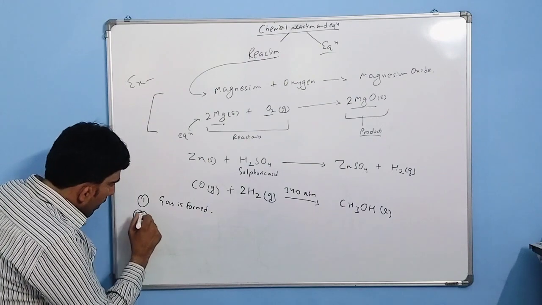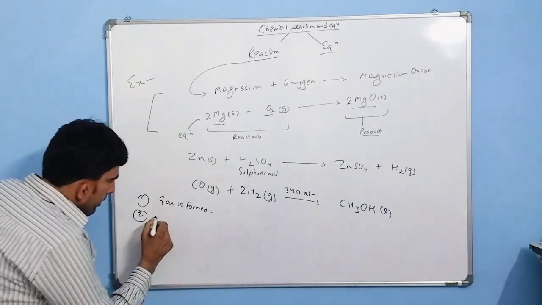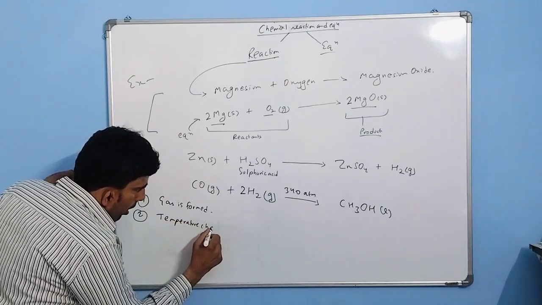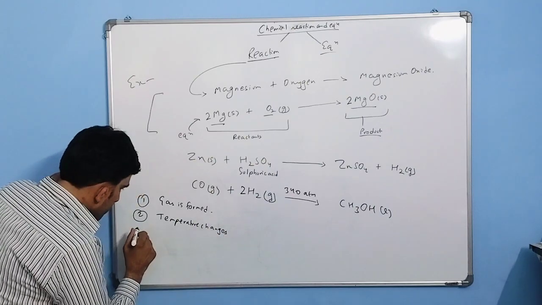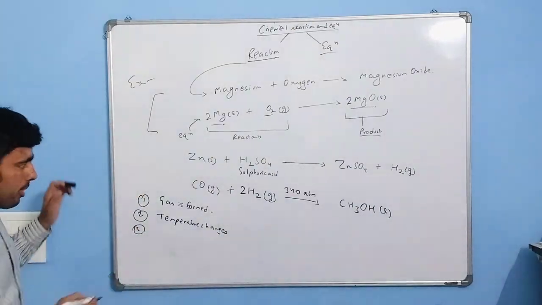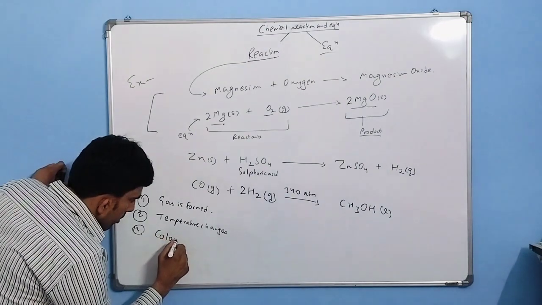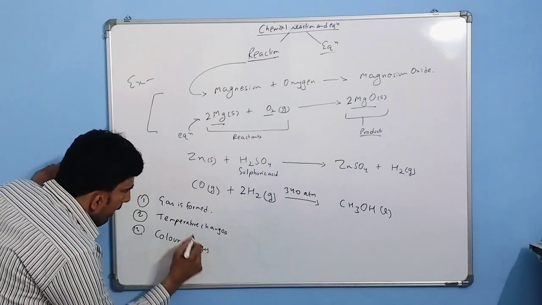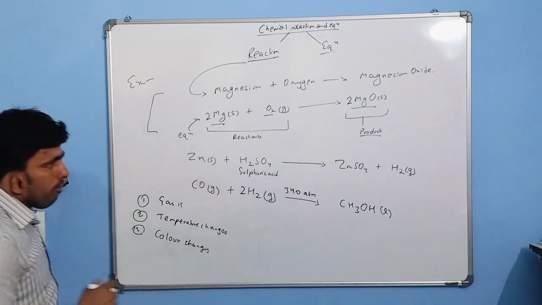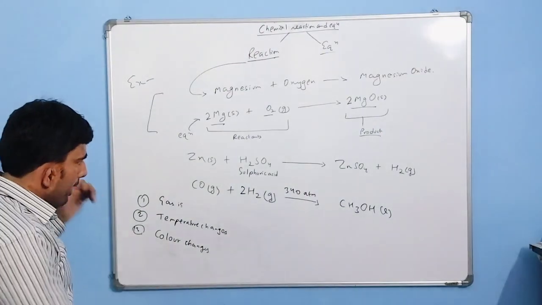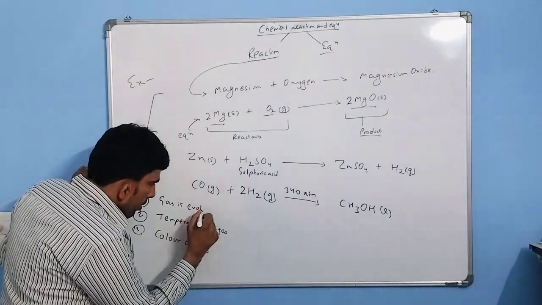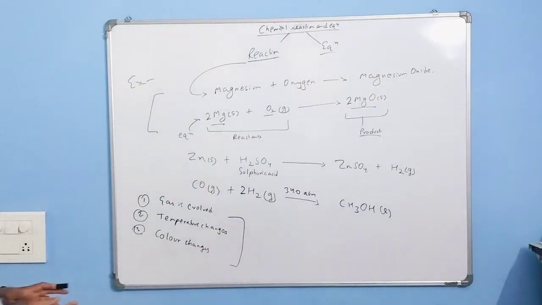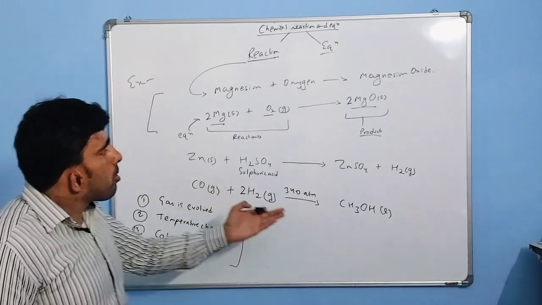Another thing we can write is that temperature changes, and in some reactions we can see color also changes. Gas is formed, or in technical form, we can write gas is evolved.